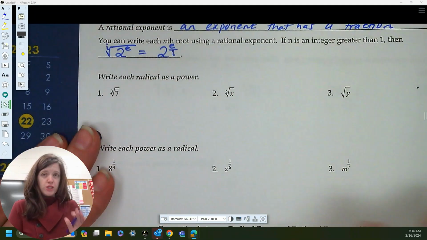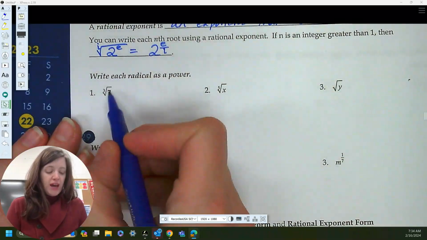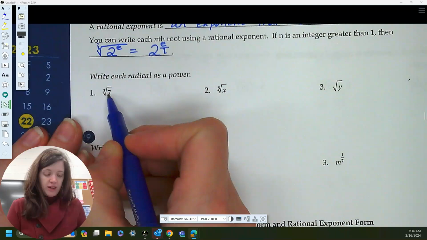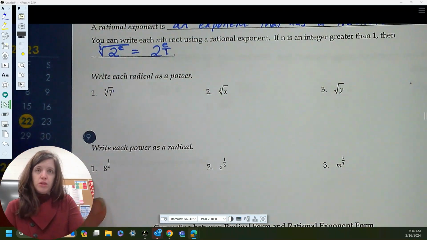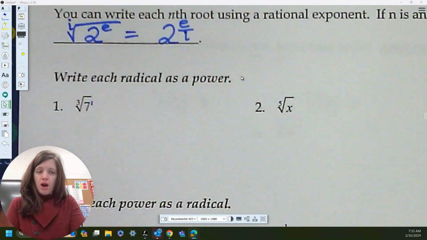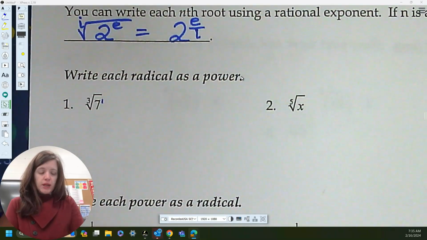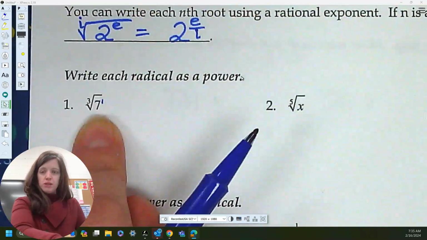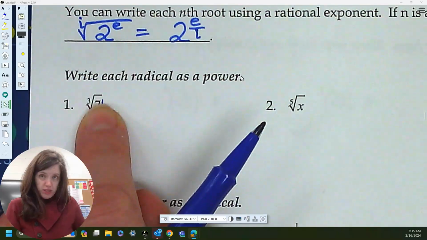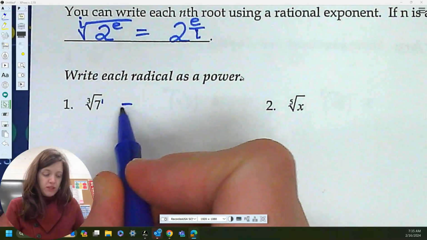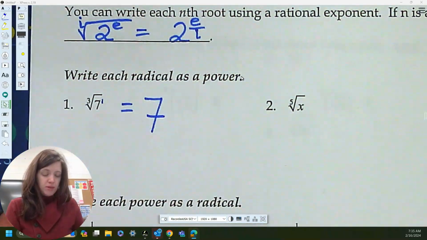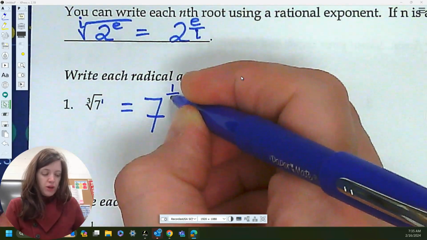All right, so we're just transferring between the two forms here. If I have the cube root of 7, remember there is a little 1 exponent there on the 7. If I zoom in a little bit, you can see that better. The exponent of 1 in the fraction form would be 7, the big number, over 1 to the third power.